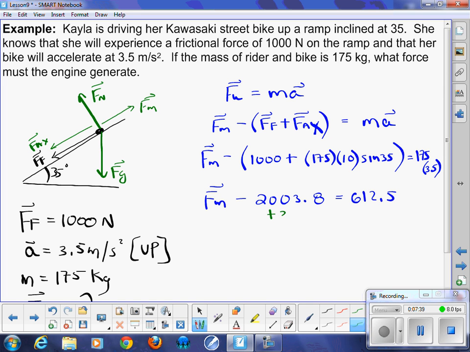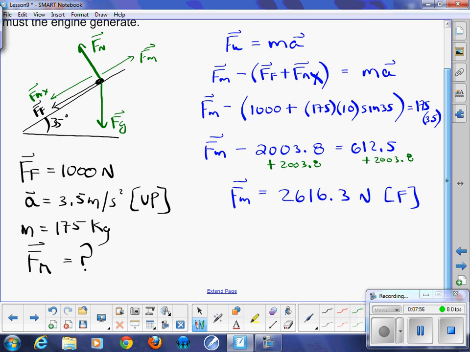Isolating for your motor force, we find that the motor has to generate 2,616.3 newtons, and that would be forward or up the slope.